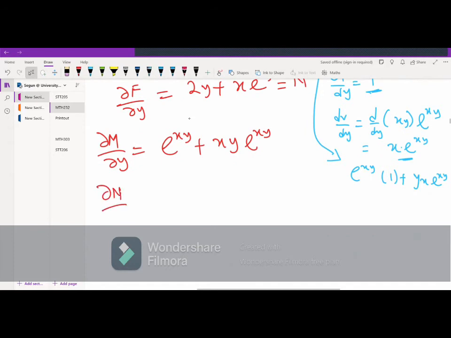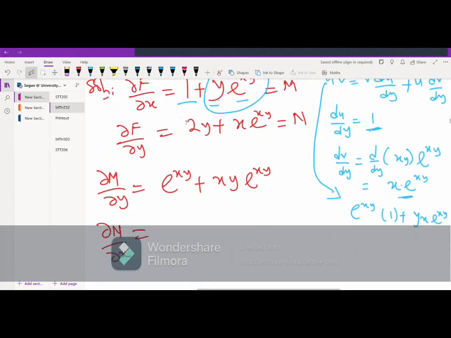The n, the derivative with respect to x, the first term will be 0. So we use the same method that we use. If you use the same method, you are going to have exponential xy plus xy exponential xy.